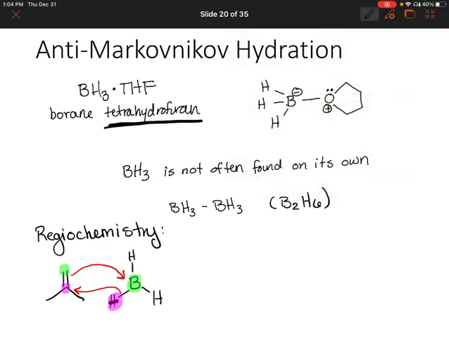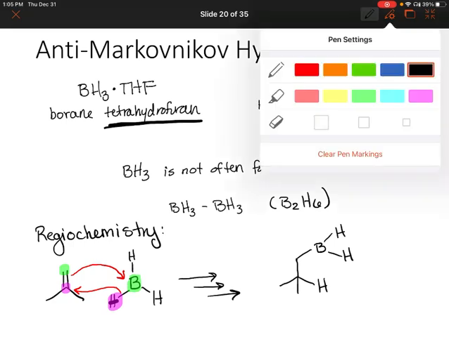And you don't have to know this mechanism, just know that it works. But what we end up with is, I'm just going to draw multiple arrows here. So we end up with the boron attached to the less substituted carbon there. And then one of the hydrogens from borane ends up on the other carbon.